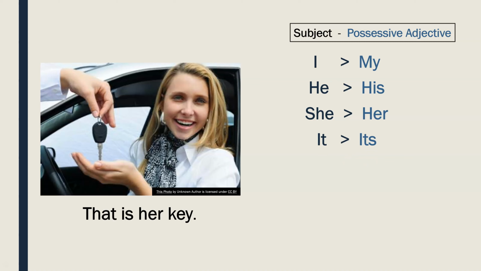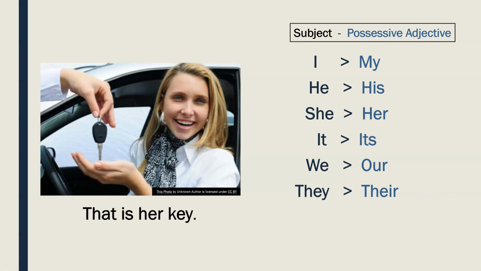It, so it is one thing or one animal. So it is its car. We, right? We is first person plural, which means me and somebody else, or more people. So we is our car.